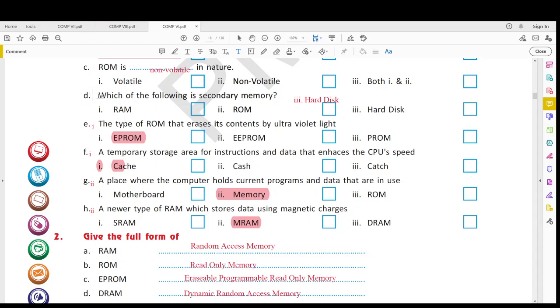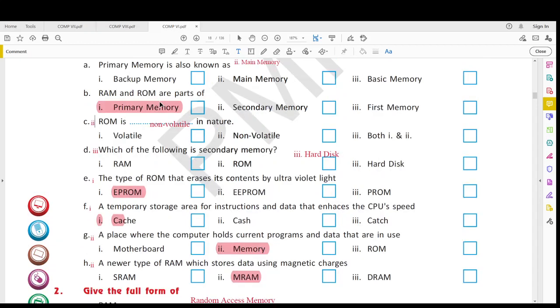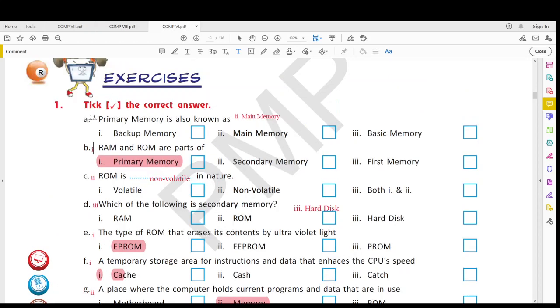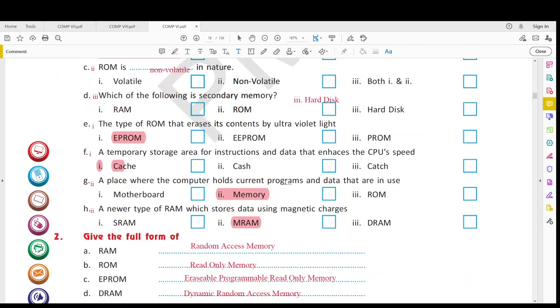For D, it is the cache, number 3. For C, it is 2, non-volatile memory. For B, it is 1, primary memory. And for A, it is 2, that is main memory. Alright.